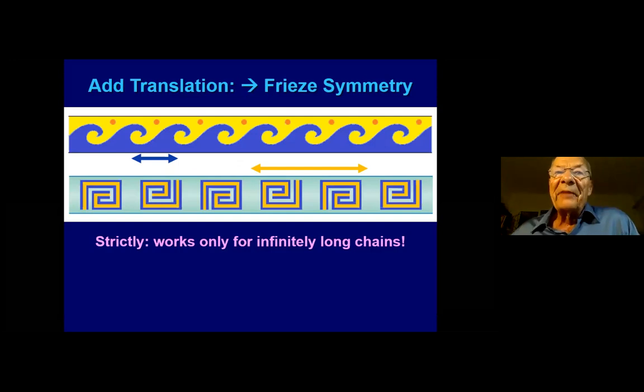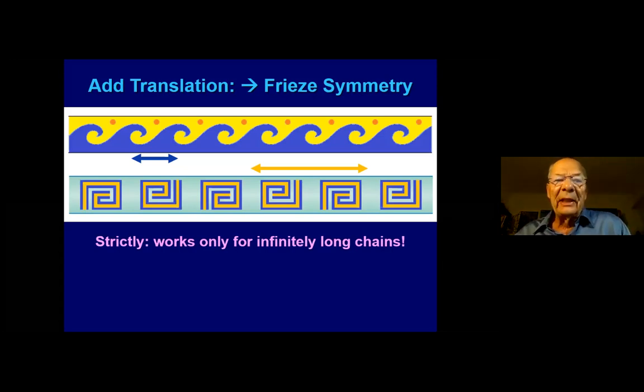Now, on top of this, we can also translate an object. And this then creates the so-called Frieze symmetries that fall onto themselves when we shift the basic pattern by integer multiples of the pattern width, which I have indicated by the blue and the yellow double arrows.